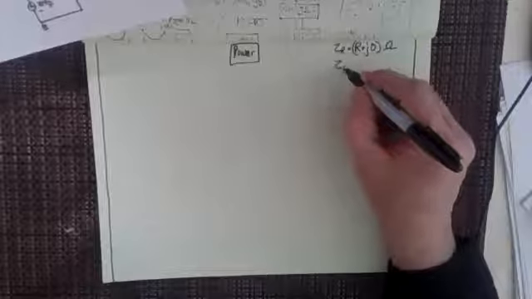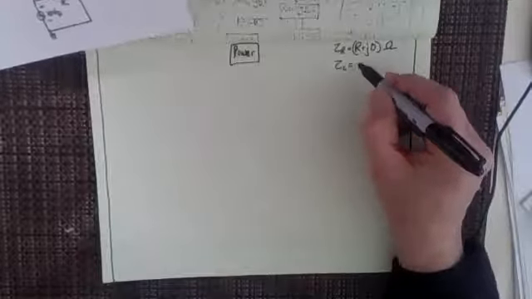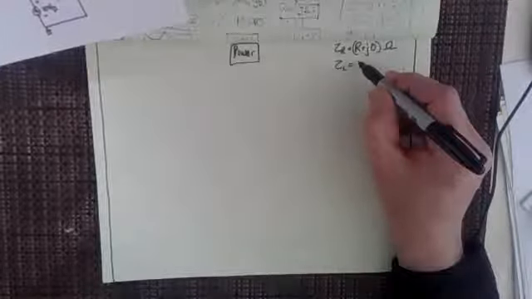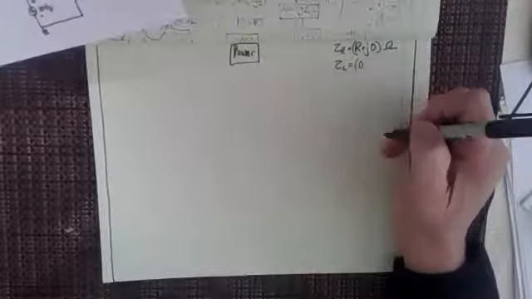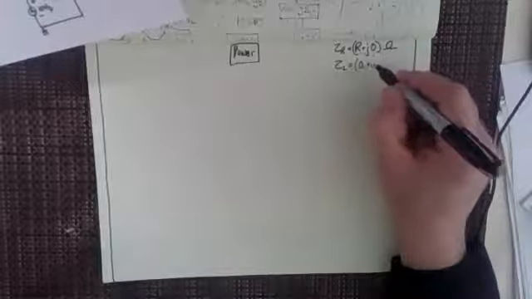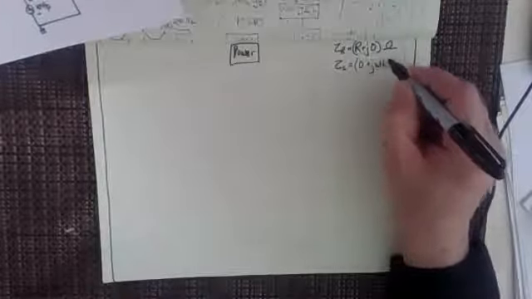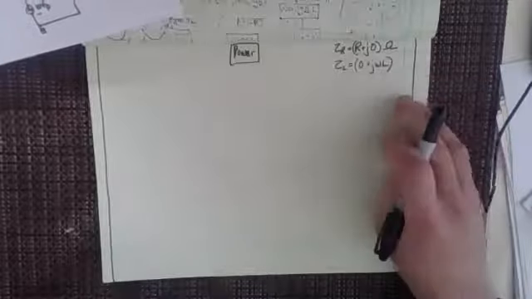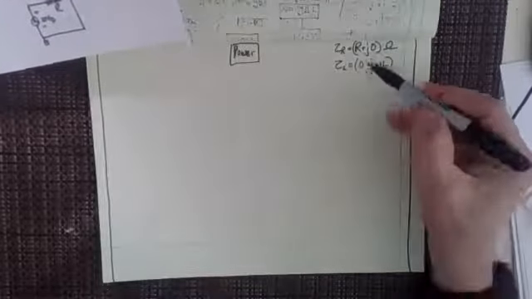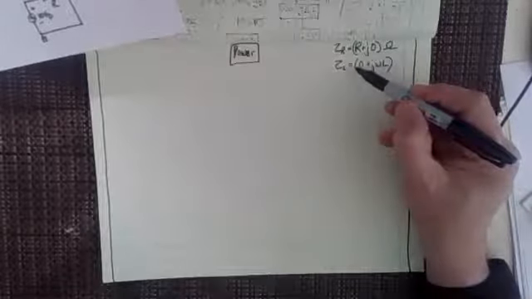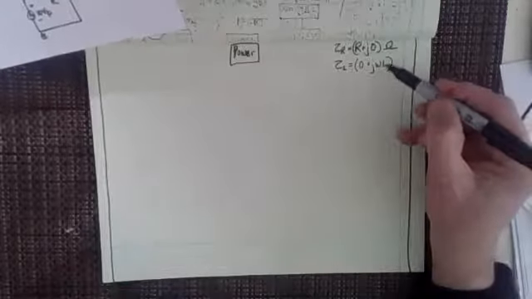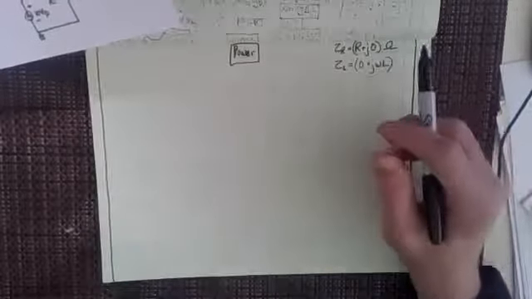If we look at an inductor, theoretically a perfect inductor has no resistance, but it does have impedance, and impedance is omega L. And again, as I said yesterday, don't think that impedance is not a place where energy is wasted.